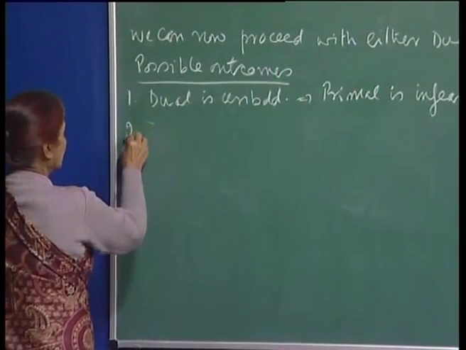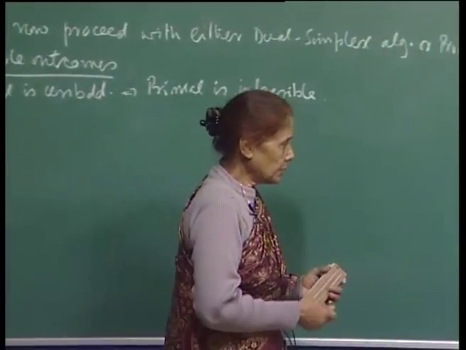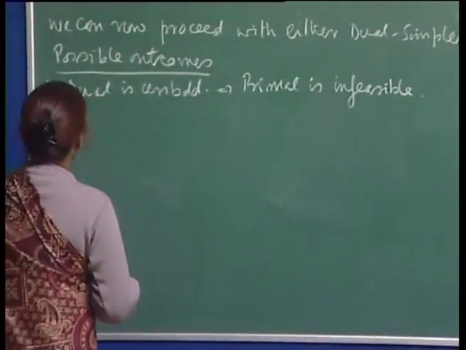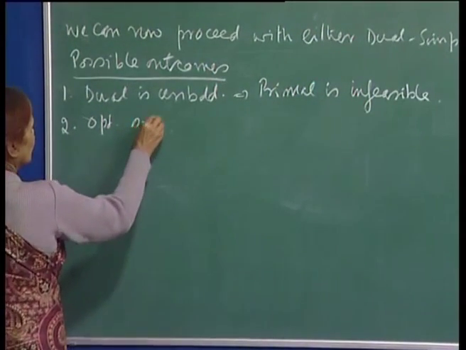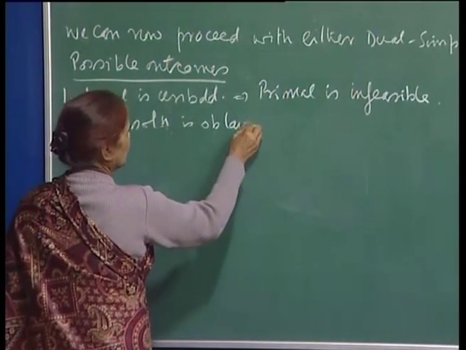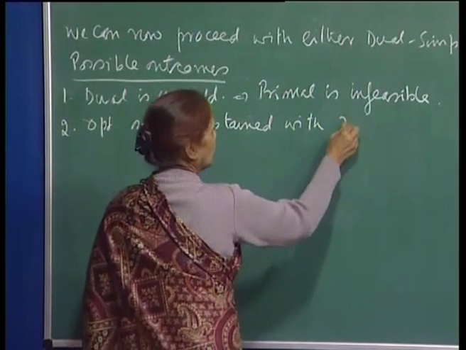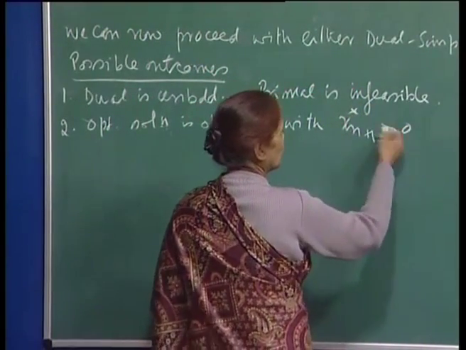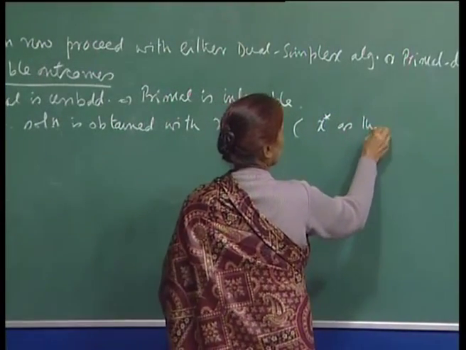Then you have obtained an optimal solution, that means your algorithm has ended, and what are the possibilities? Optimal solution is obtained with x_{n+1}* greater than 0, where I am referring to this star as the optimal solution.